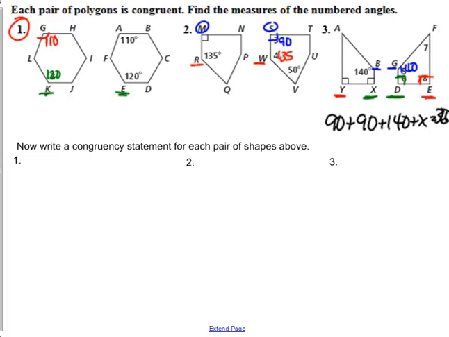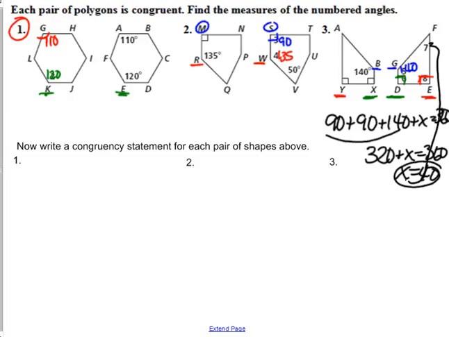So my math will go, this is all 320. So finally, 320 plus X equals 360, X equals 40. So that angle up there is 40 degrees.